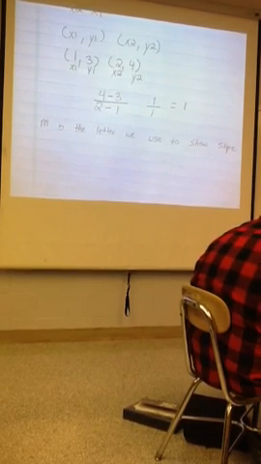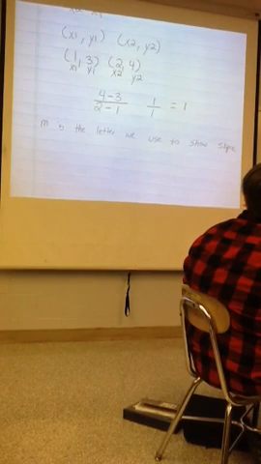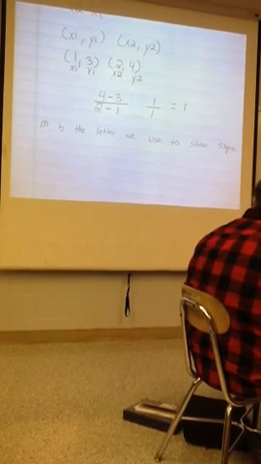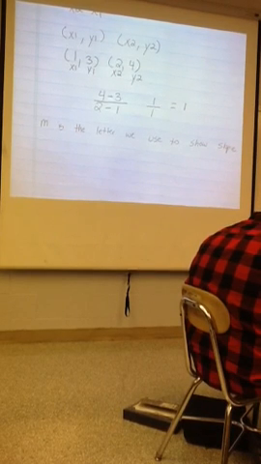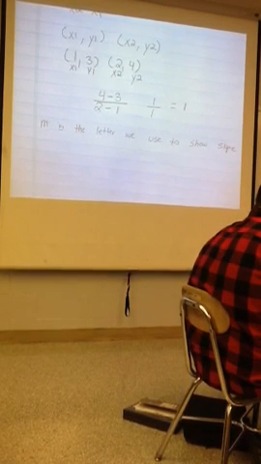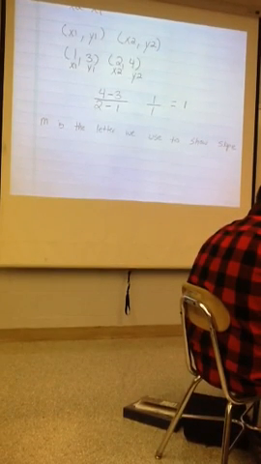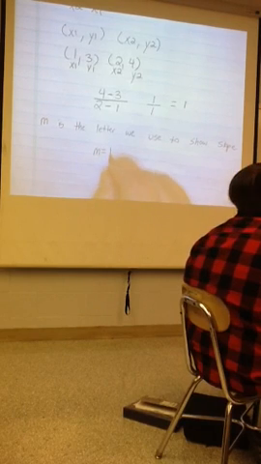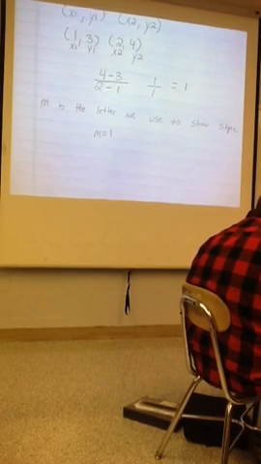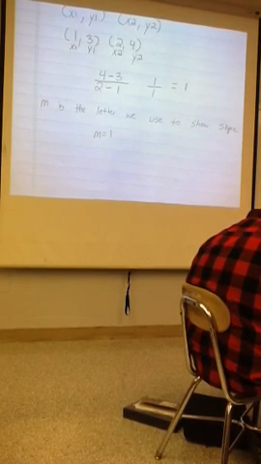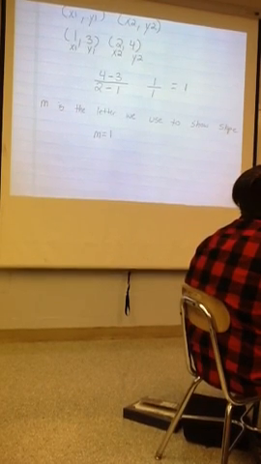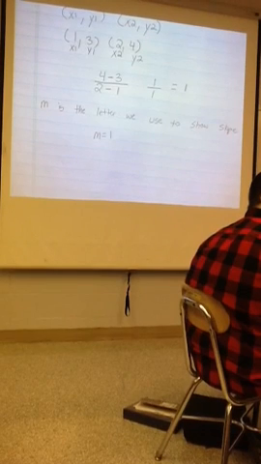M is the letter we use to show slope. We don't write the word slope. See, the algebra gods, they're a little bit lazy, but they're cool about it. They're like, we're not going to write the word slope, let's just use the letter M. So M equals 1. So when you see M, think slope.